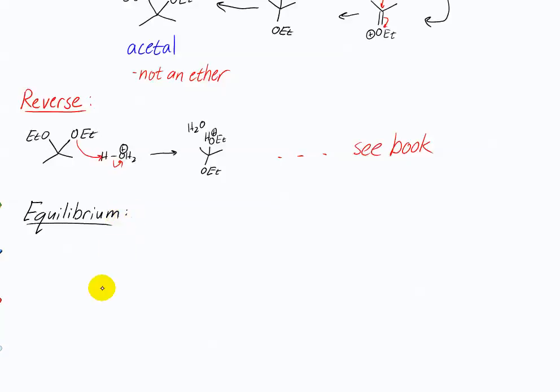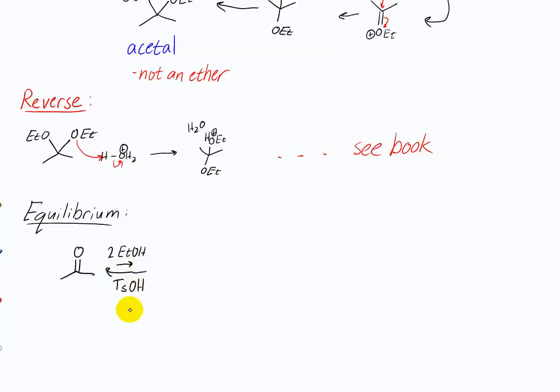Acetals can be pretty hard to make because, like for this reaction, the equilibrium is actually strongly to the left.